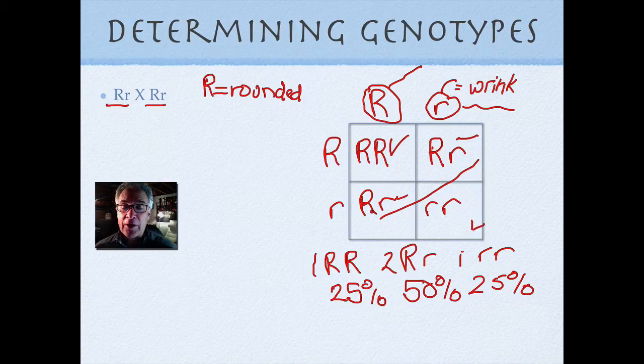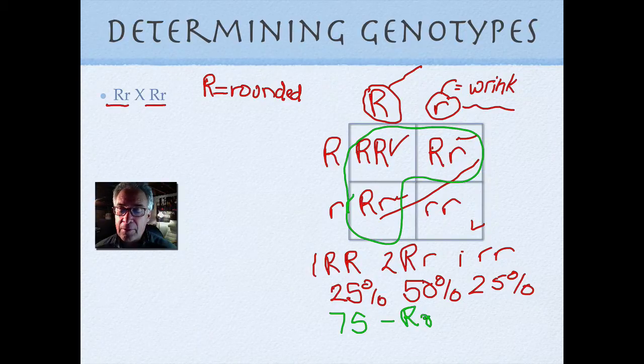If we take a look at these three quadrants, they're going to be producing seed that is rounded. So what percentage would that be? That's 25, 25, and 25. That's 75%, and that's going to be rounded. And then this quadrant is going to be 25% wrinkled.